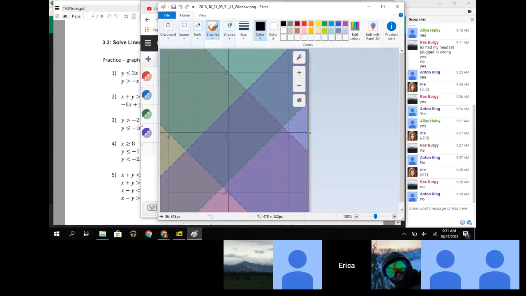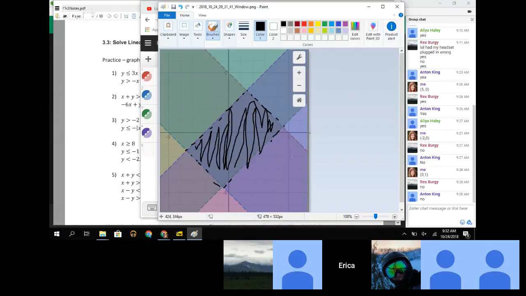I would have a coordinate plane. I would have a dashed line here and here. And then basically everything inside here would be shaded. My amazing shading skills in Algebra 2, right? Any questions about that?